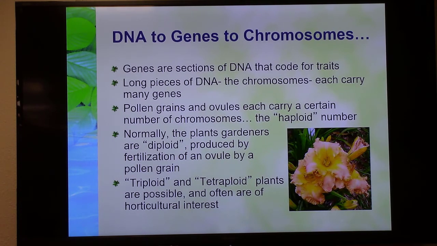The normal number of chromosomes in either a pollen grain or an egg cell, an ovule, is called the haploid number. If you take that pollen grain and fertilize that egg cell, then you've got haploid plus haploid, diploid. If a pollen grain had 8 chromosomes in it, and the ovule had 8 chromosomes in it, once they get together, you've got 16.